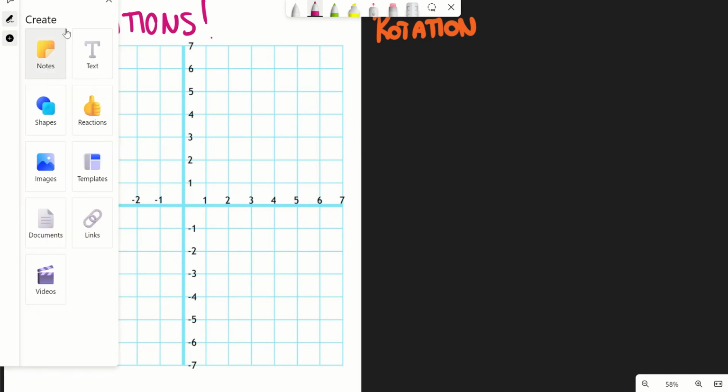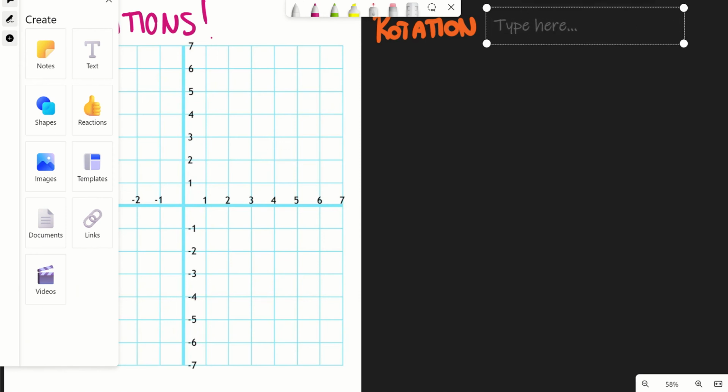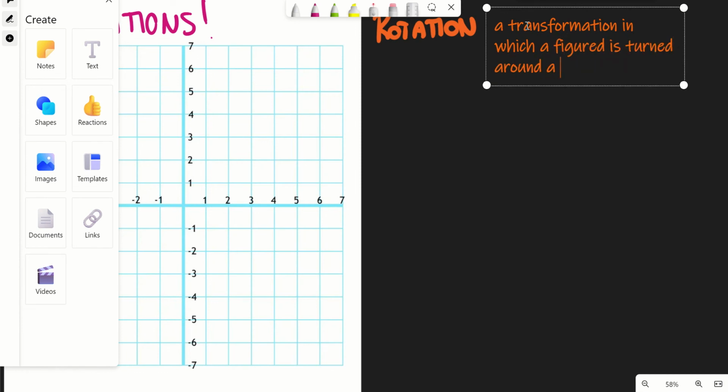Now, when we talk about what the definition of a rotation would be, we would say, well, a rotation is a transformation in which a figure is turned around a point.